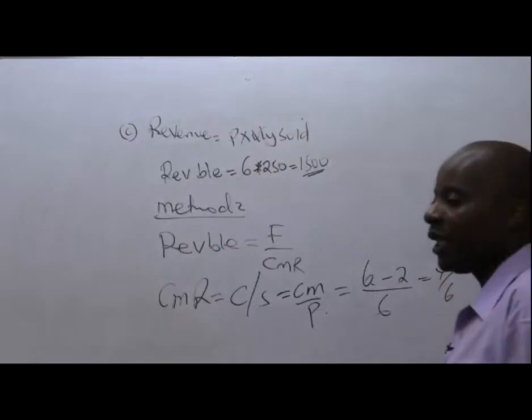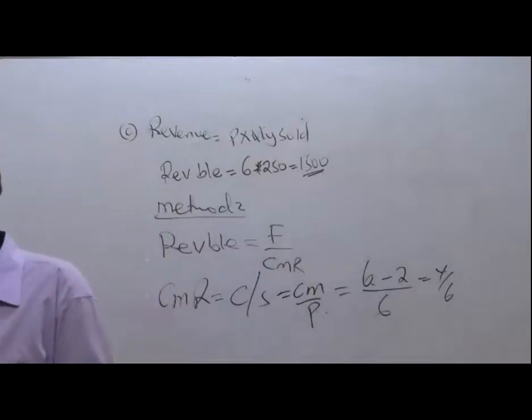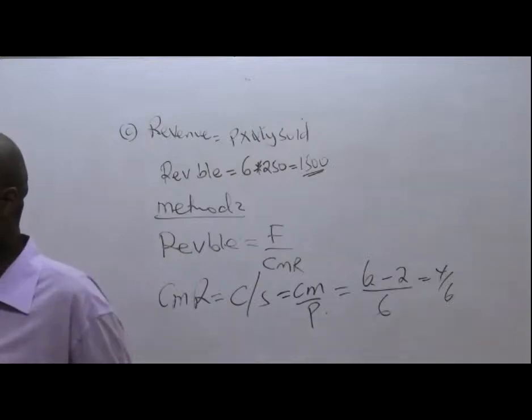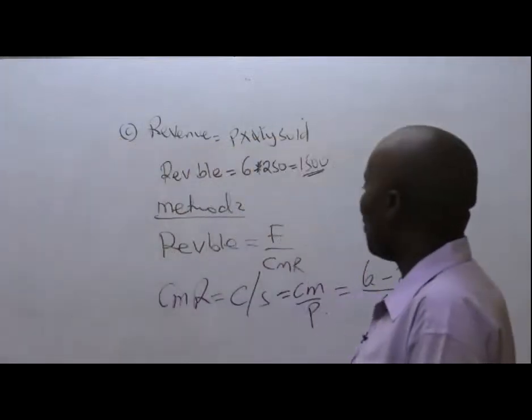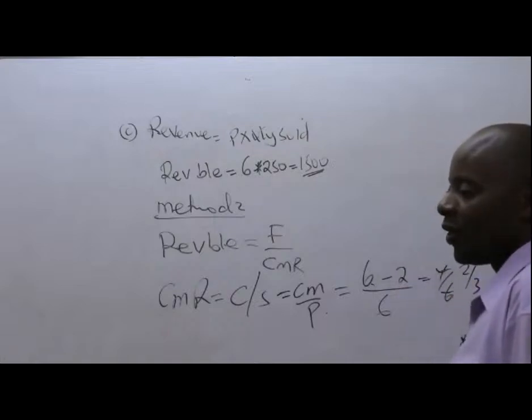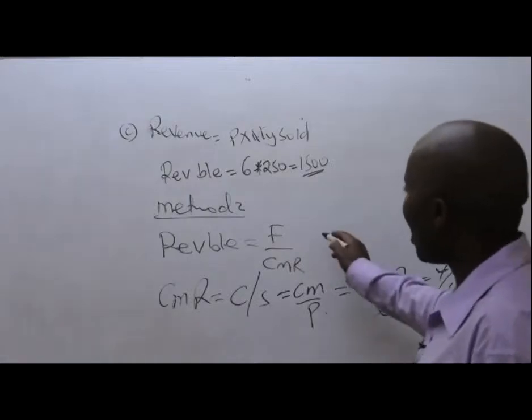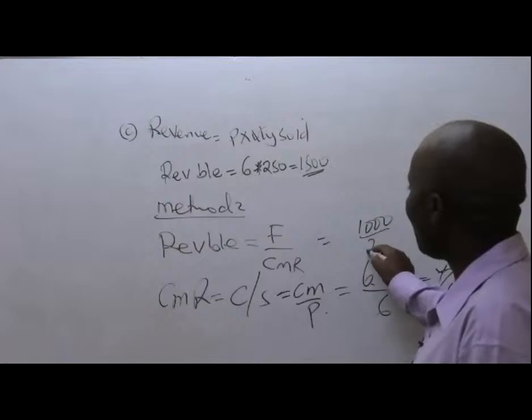So 4 over 6, could you kindly give me this answer? If it's recurring like that, I would rather just leave this as a fraction, 2 over 3. So as I come here, I know my fixed cost is 1,000 all over 2 over 3.